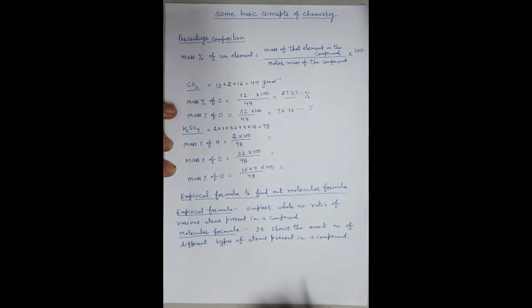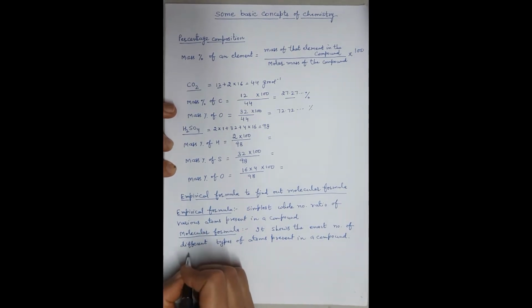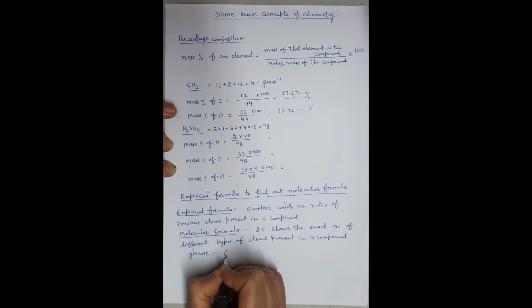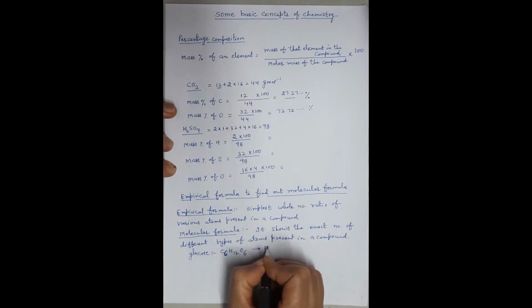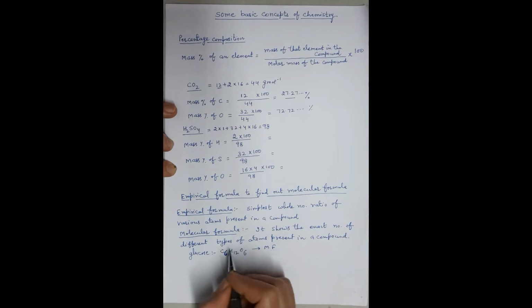What is all this? Let's see. You know the formula of glucose? Glucose is C6H12O6. This is the molecular formula because this gives you the exact number of carbon, hydrogen and oxygen atoms present in glucose.